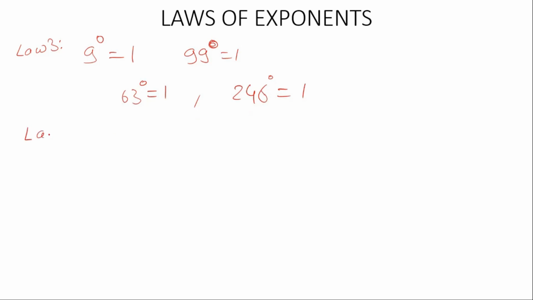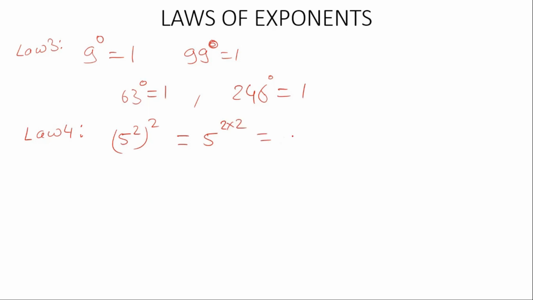Let us move to law 4. If we are having something like 5 to the power 2 whole to the power 2, what can we write? The powers will get multiplied.